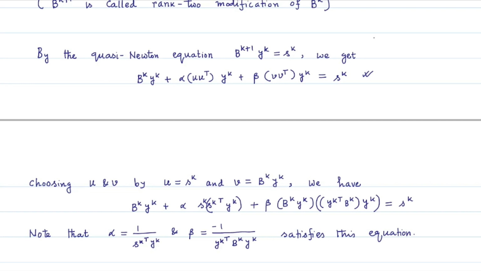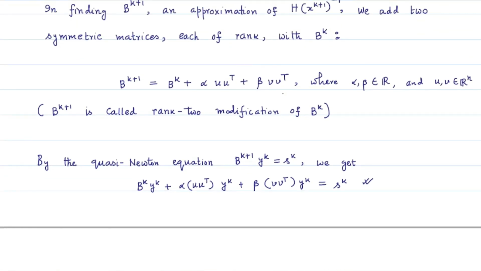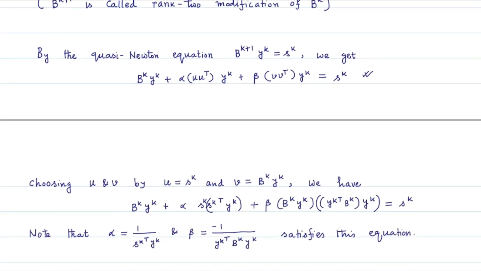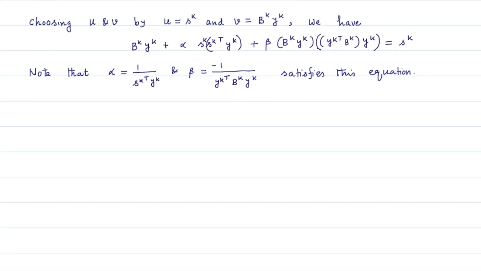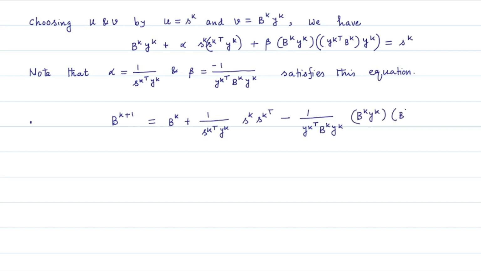And now plugging these expressions of u, v, alpha and beta in this expression of bk plus 1, we will get a possible expression of bk plus 1, given by bk plus 1 is equal to bk plus 1 divided by sk transpose yk times the matrix sk sk transpose minus 1 over yk transpose bk into yk times the matrix bk yk into bk yk transpose.